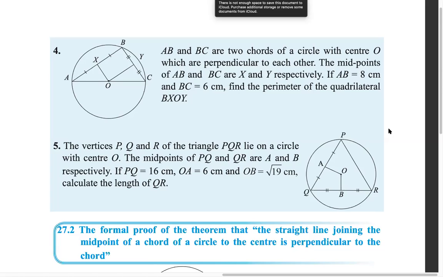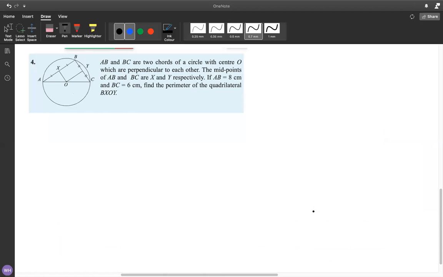So in this question, what they're asking, let's share this slide. AB and BC are two chords of a circle with center O, right? You can clearly see that. The midpoints of AB and BC are X and Y respectively.